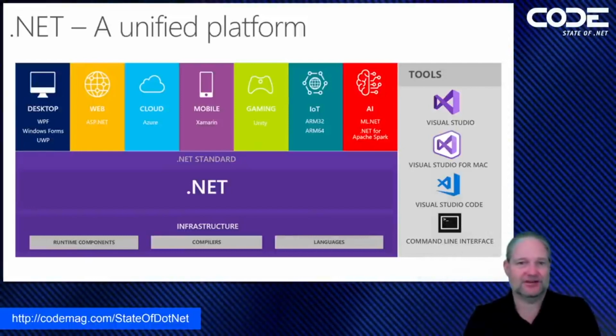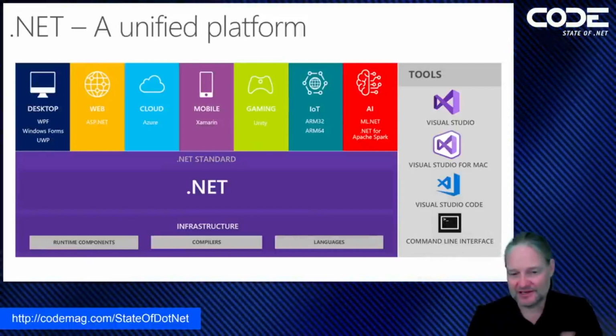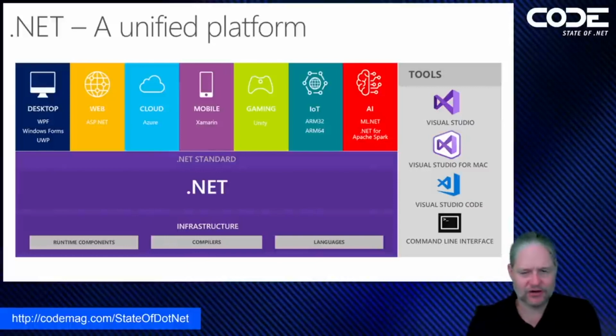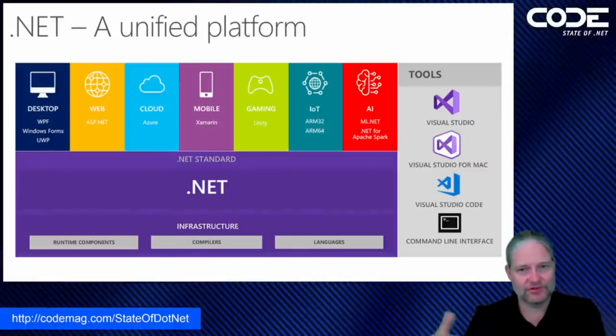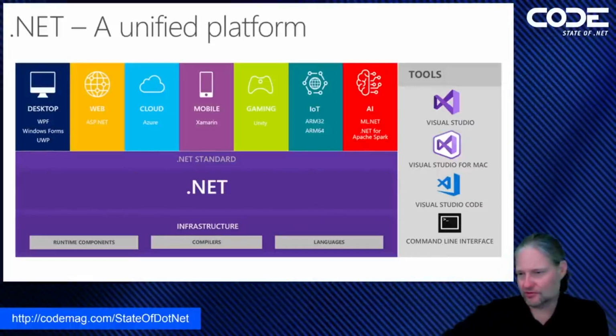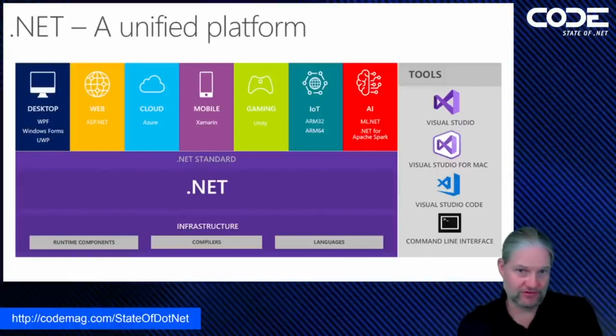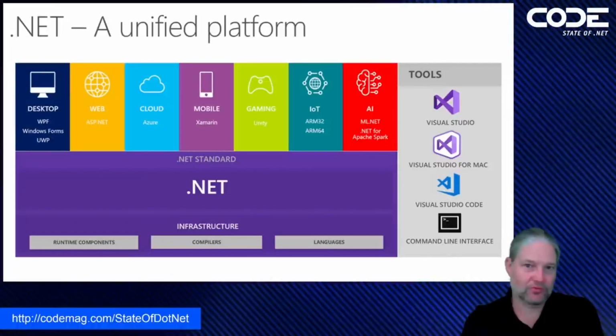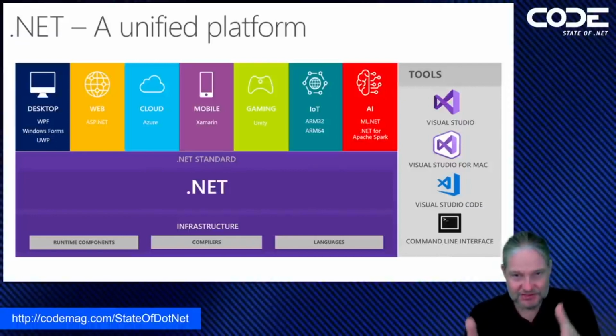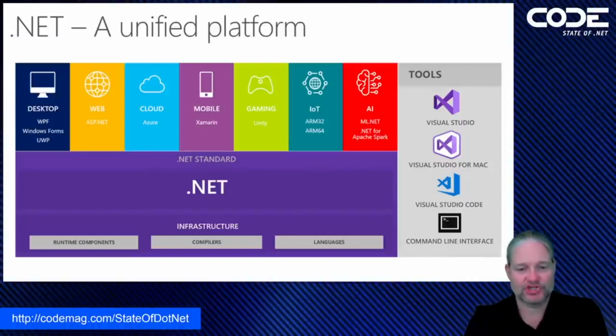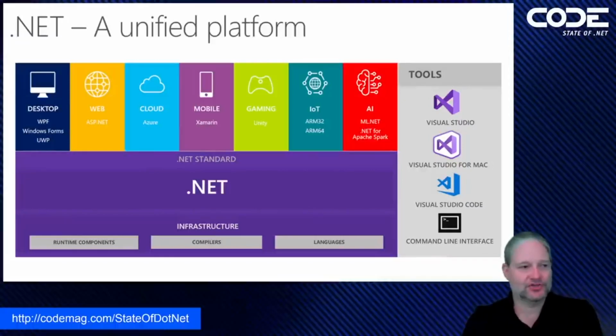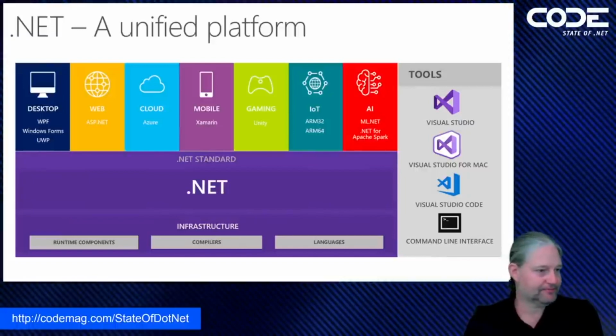So if you're building a .NET 7 class library, let's say, you can expect it to work in all those things. Now, of course, you could go out of your way and do things that are just unusual, like talking to a specific Windows service, for instance. Well, that would then not work on iOS because you used something platform specific. But in general, everything you do in .NET should work in all these platforms.